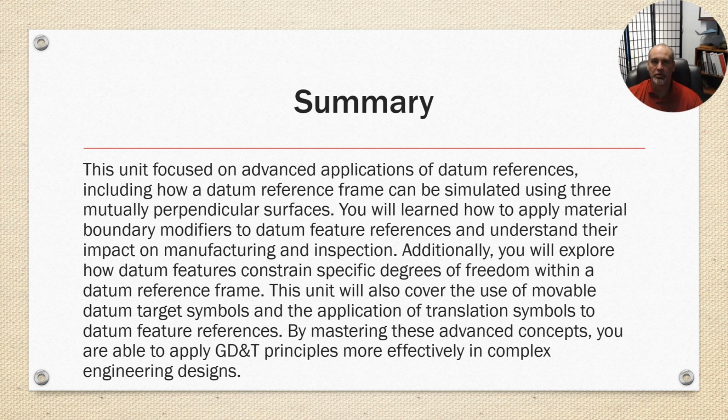Additionally, you explored how datum features constrain specific degrees of freedom within a datum reference frame. This unit also covered the use of a movable datum target symbol and the application of the translation symbol to datum feature references. By mastering these advanced concepts, you are able to apply GD&T principles more effectively in complex engineering designs.